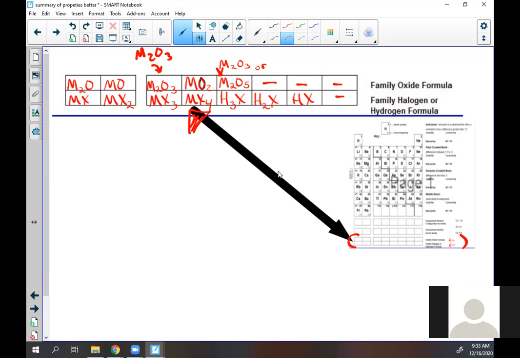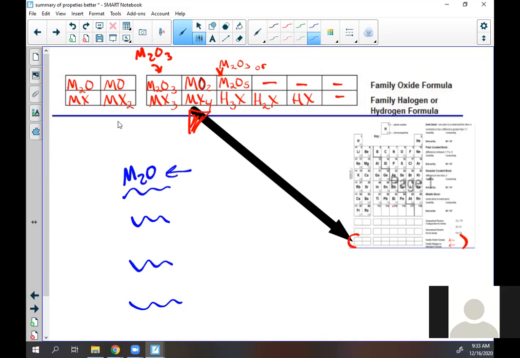All right. While you're finishing that, let me tell you when you would use this. So on the exam and in the homework, it gives you a bunch of clues about an element that kind of tie everything together. So it would say something like, it forms oxides of M2O.